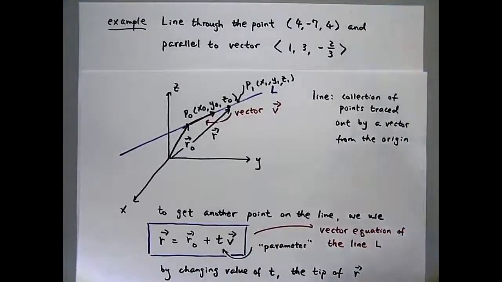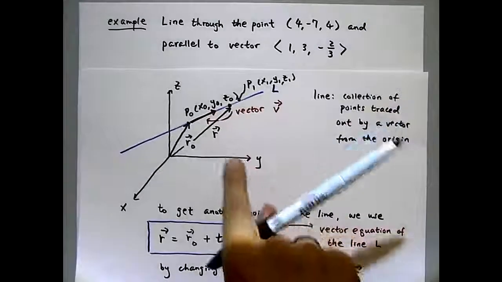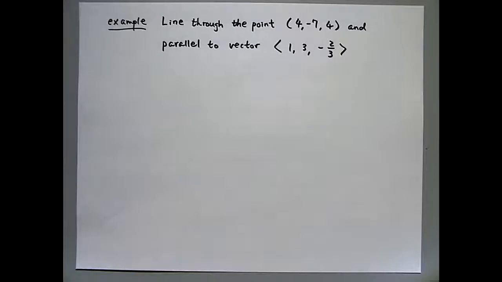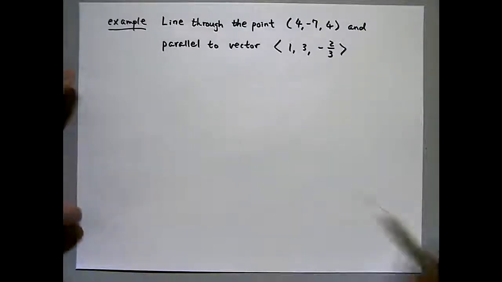Okay, so here's the picture we saw earlier. And actually, let's redraw this picture. We got everything we need here. We know one point. We know the direction this line is going.